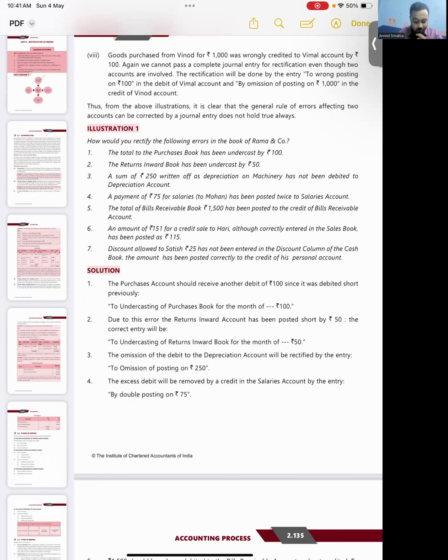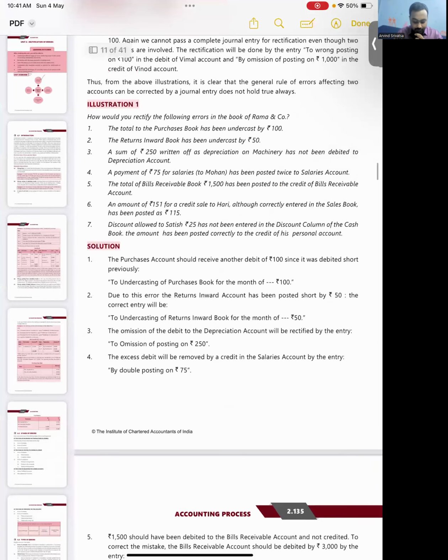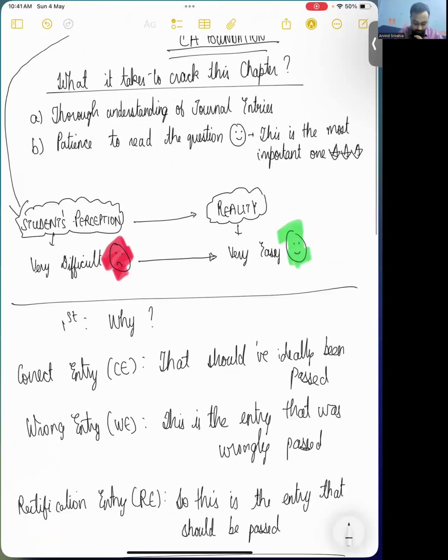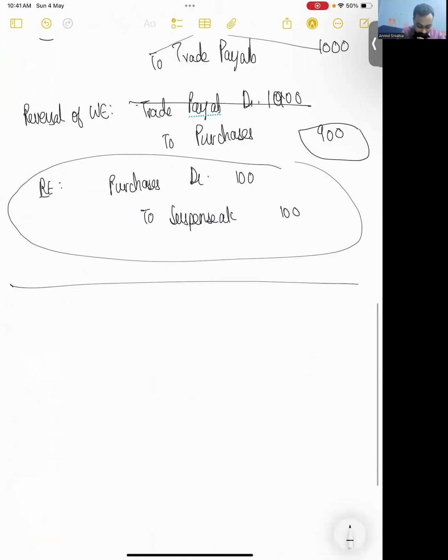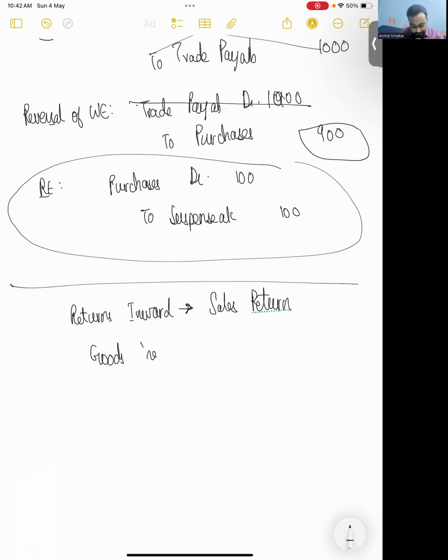The returns inward book has been undercast by 50. So what is returns inward? For those of you who don't know, returns inward is sales return. Why is returns inward equal to sales return? Basically, returns inward means goods are coming to you inside.